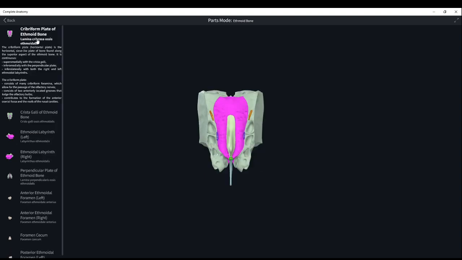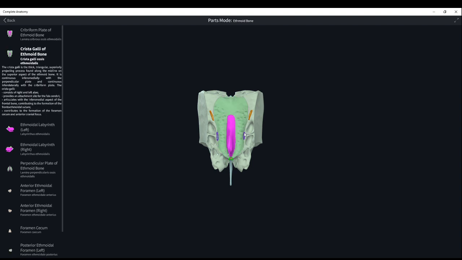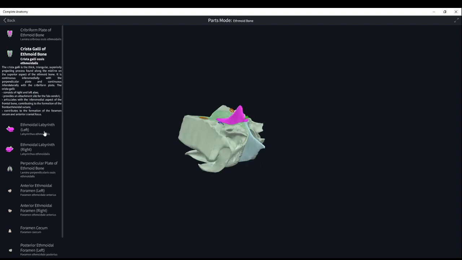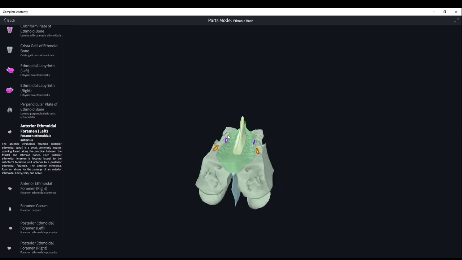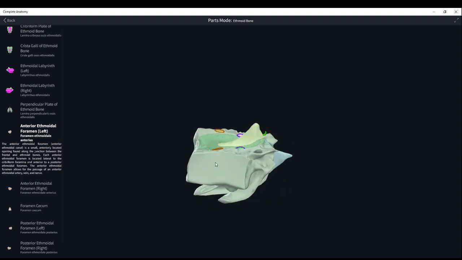On the horizontal plate, you can find the cribriform plate and crista galli. And also some parts of the foramens which we mentioned before: the anterior and posterior ethmoidal foramens.